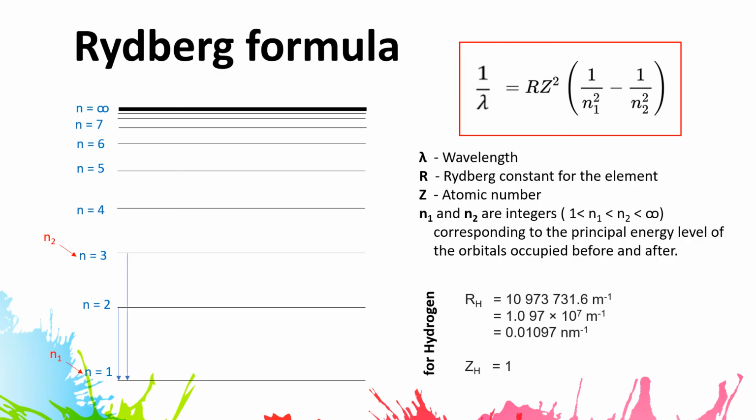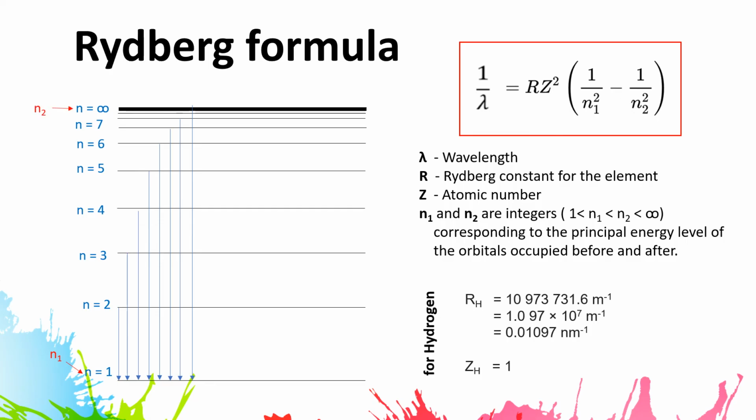That radiation has a wavelength lambda which we can calculate using this Rydberg formula. And in further study, you can calculate different wavelengths for different energy transfers and movements of different electrons to different energy levels.